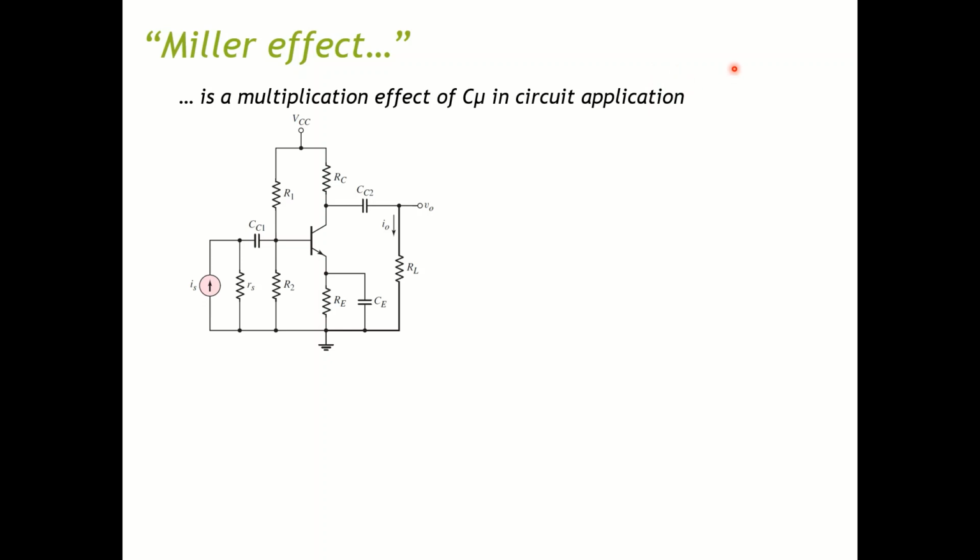As you can see here, if I have this amplifier circuit, you can see that the ground is on the emitter side of this circuit. Therefore, this is a common emitter circuit with a signal current source at the input.